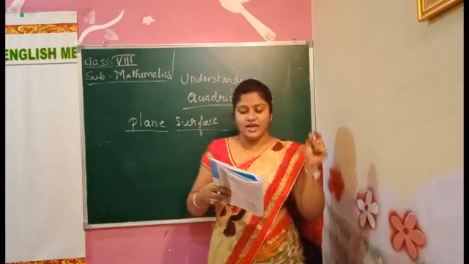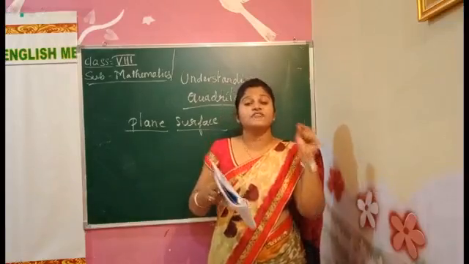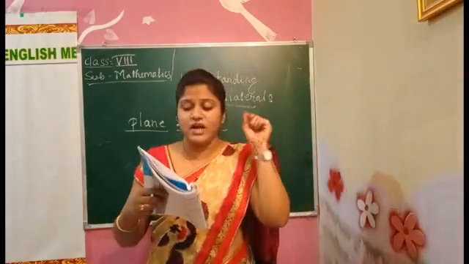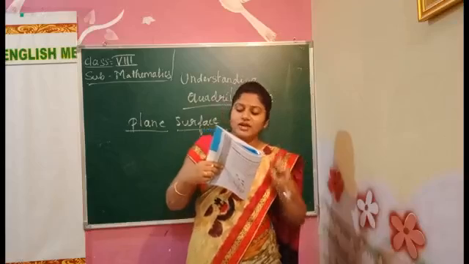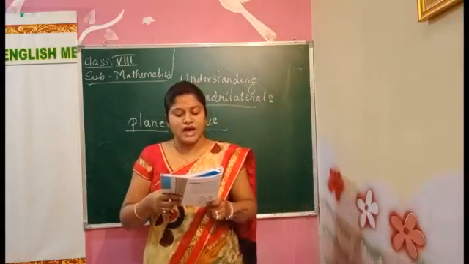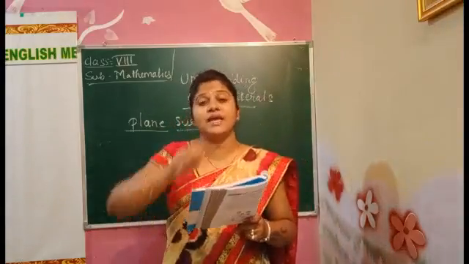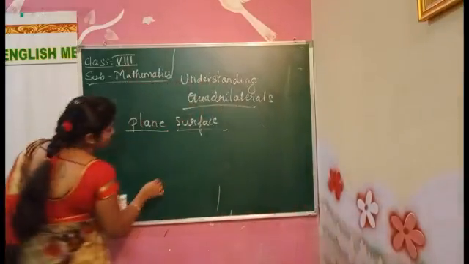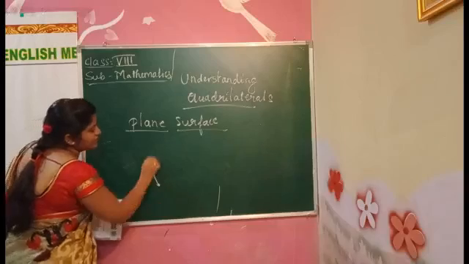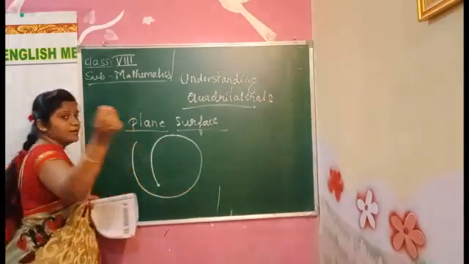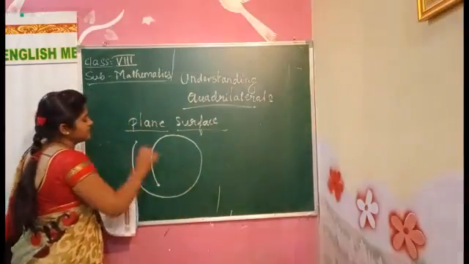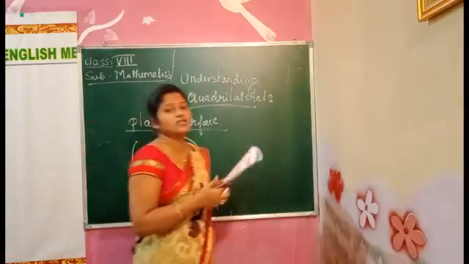When you join a number of points on the paper without lifting the pencil from the paper, and without retracing any portion of the drawing other than a single point, it is called a plain curve. For example, I'm starting from here and drawing continuously without lifting the pencil, that is called a what?